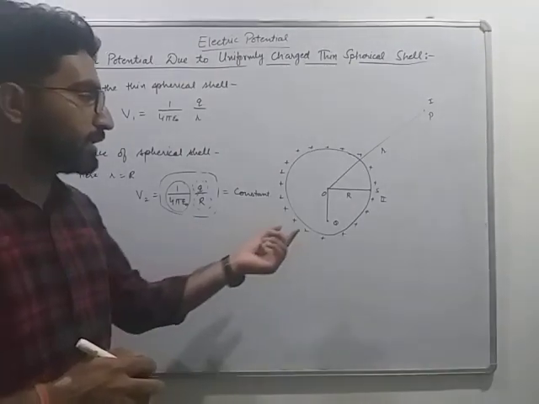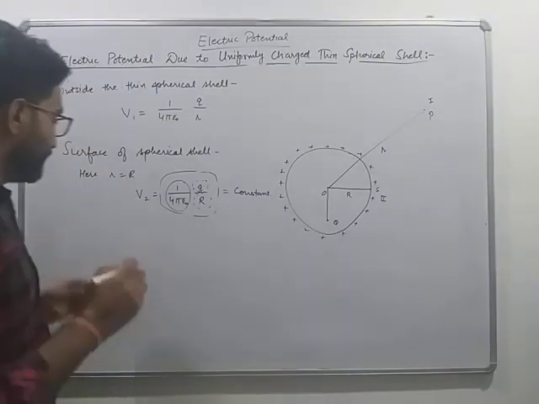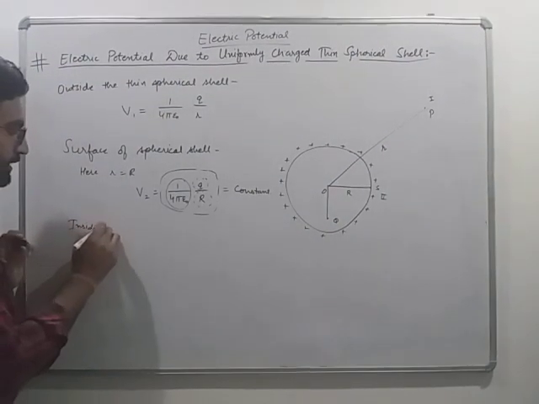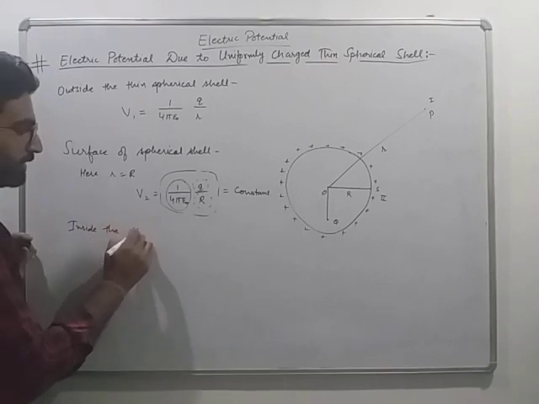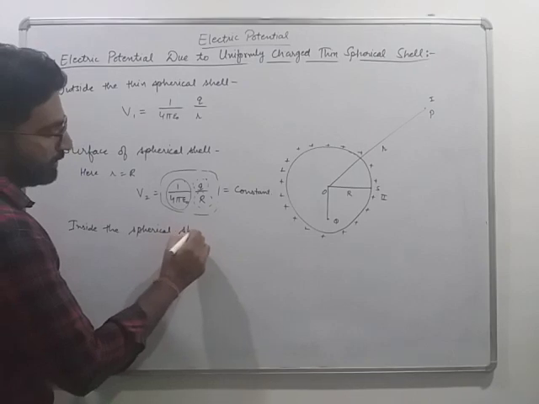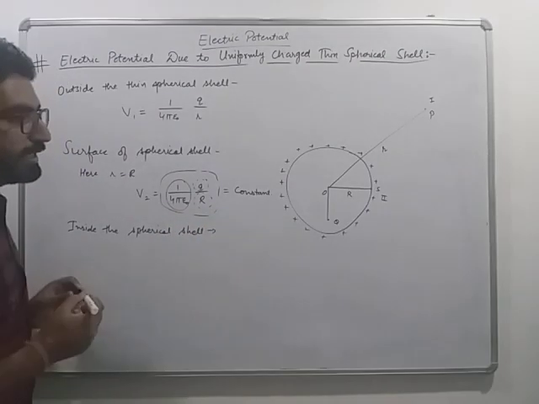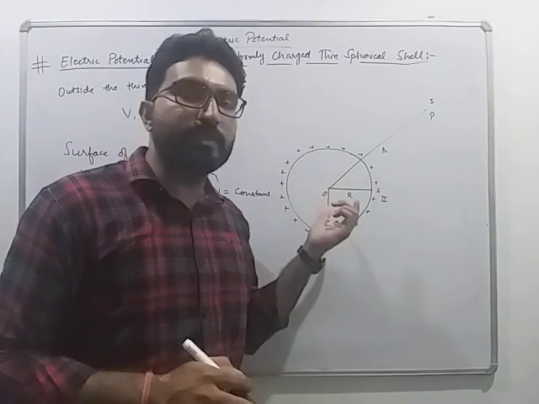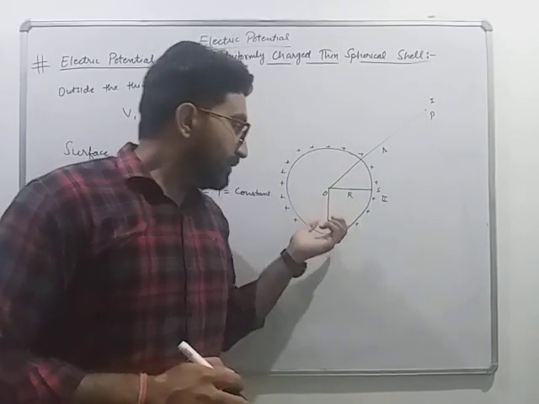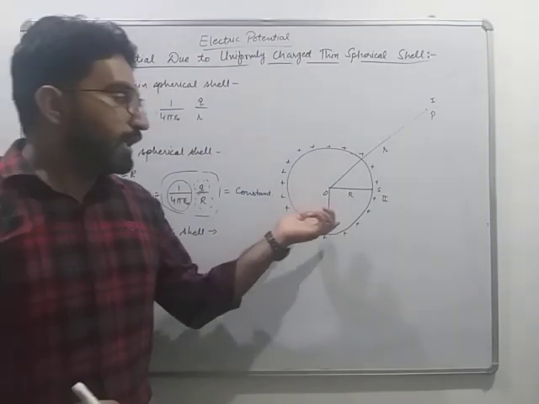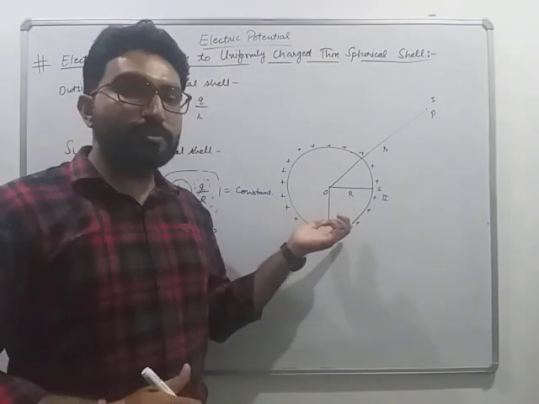Now we will find the electric potential at point Q, inside the spherical shell. As we know, inside the thin spherical shell there is no electric field. When we have a region in which there is no electric field, the electric potential there is constant.